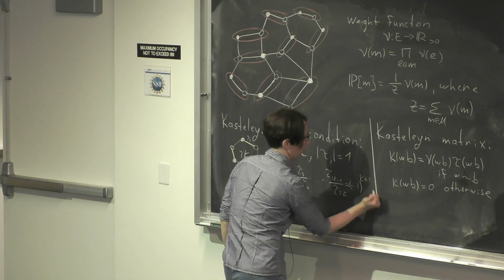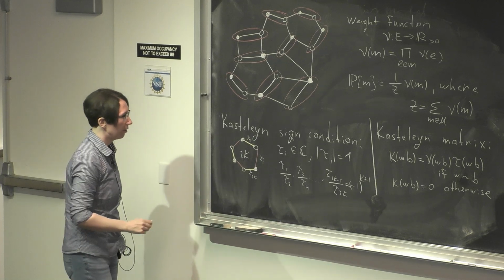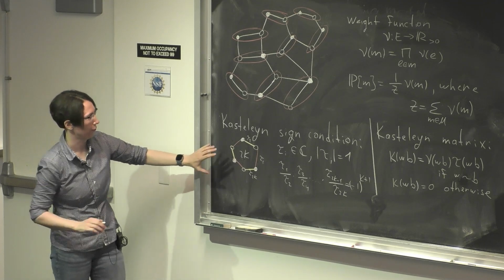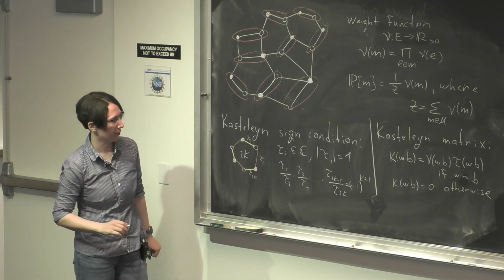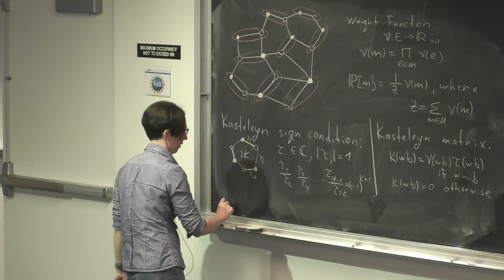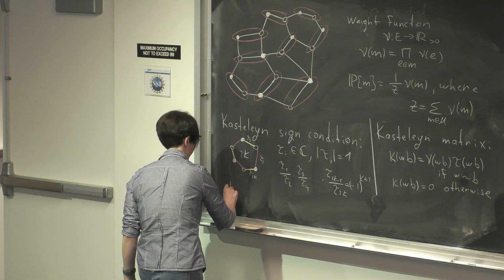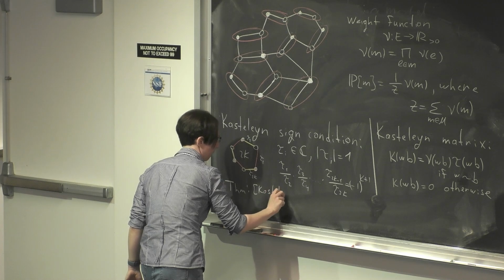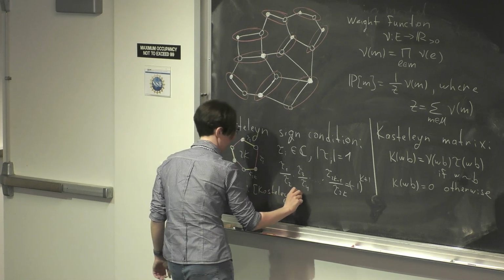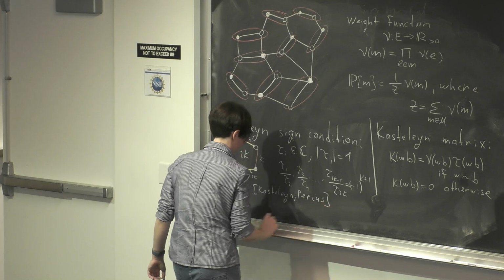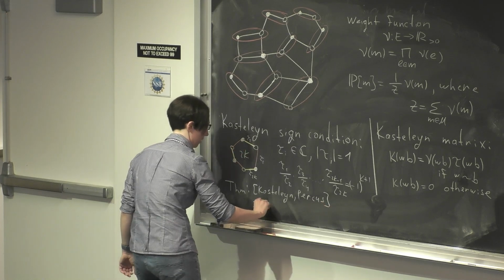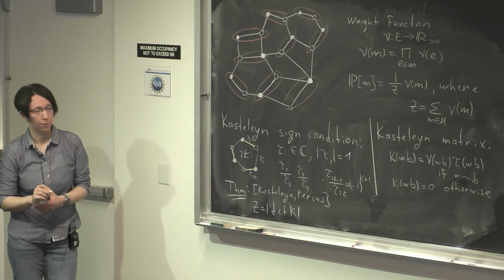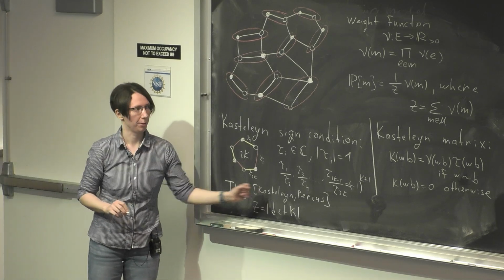Then what is known is that as soon as you have chosen a Kasteleyn sign which satisfies this condition, there is the Kasteleyn-Percus theorem that the partition function in this setup is given by the determinant of the Kasteleyn matrix, and we've seen already that also all local statistics can be computed in terms of the inverse matrix.